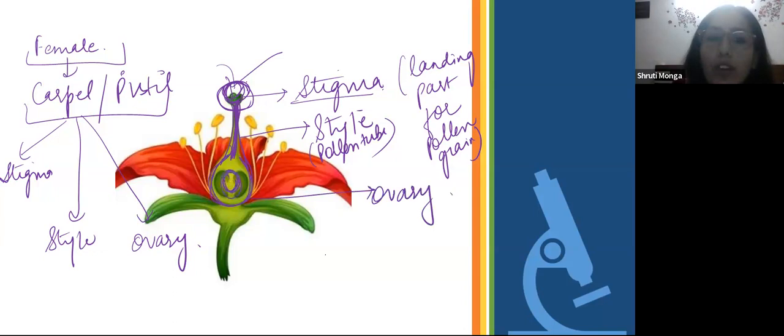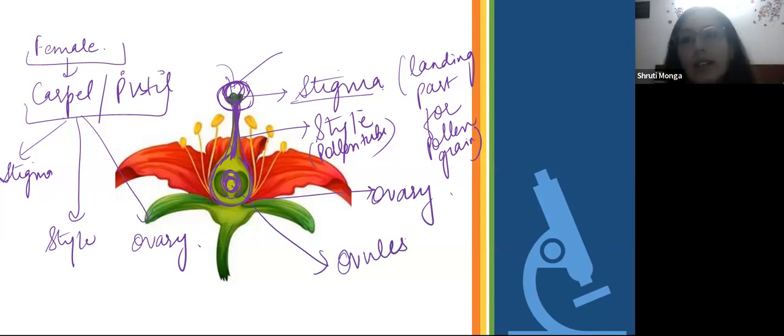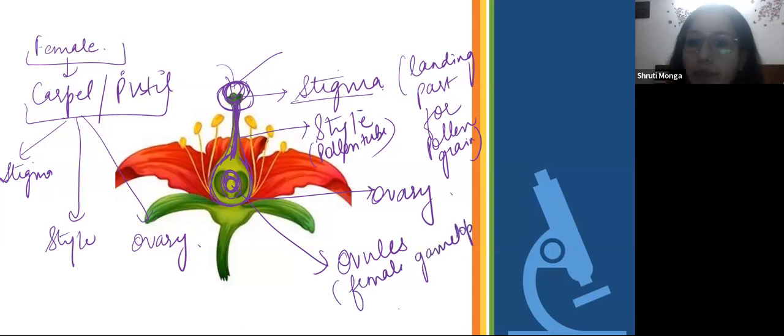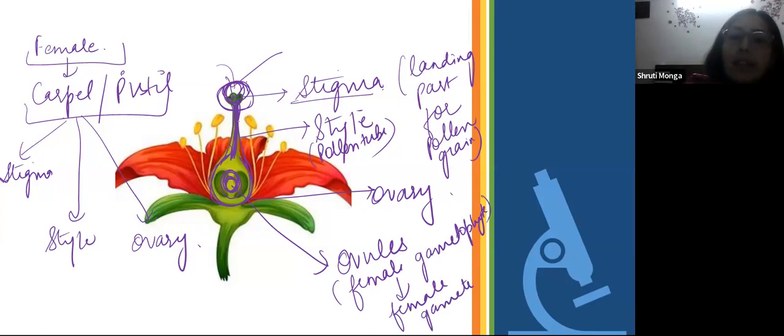Inside the ovary, very minute structures known as ovules are present. Okay, and ovule is what? Ovule is a female gametophyte, as in the structure which is bearing the female gamete, right? So the female gamete is here inside the ovule.